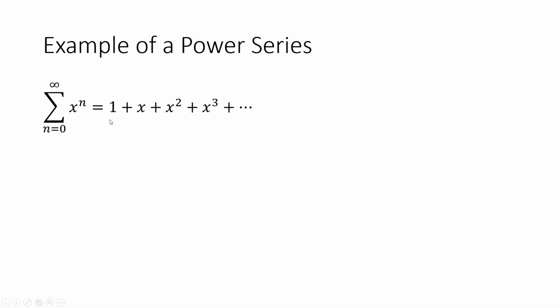So this is just the series 1 plus x plus x squared plus x cubed, and so on. And we recognize this is the geometric series with a common ratio of x, right? Because we're just multiplying by x to generate the terms of the series. So it's a geometric series with r equal to x.